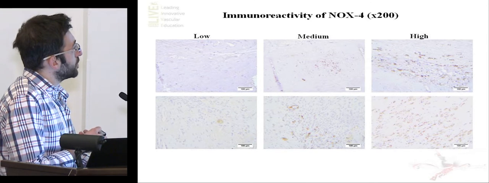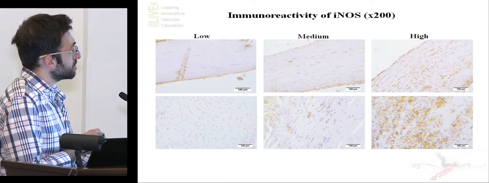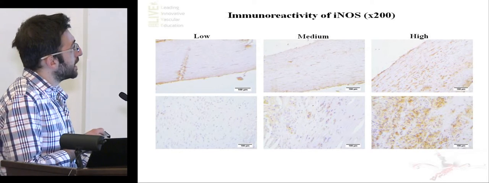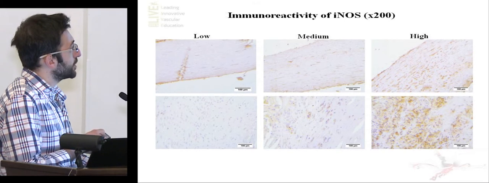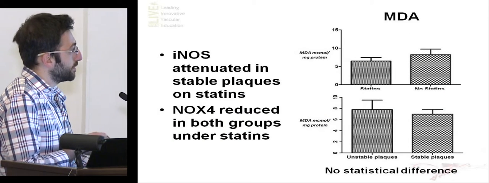So we found that iNOS expression was attenuated in stable plaques on statins, and NOx4 was reduced in both groups under statins. Concerning MDA, the lipid peroxidation marker, its expression was a bit lower in patients under statins and higher in patients with unstable plaques, but we found no statistical difference here.